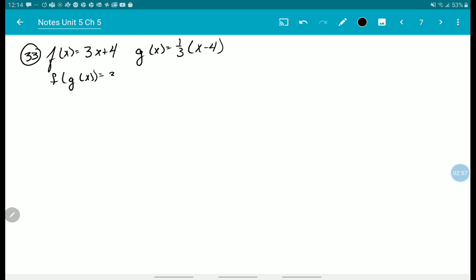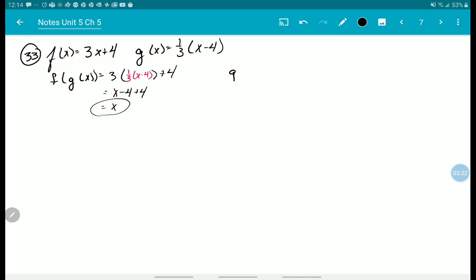If I take f of x, which is 3x plus 4, and I substitute in that g of x. Now let's work this out. We have 3 times 1/3, so those are going to cancel, and we have x minus 4 plus 4. Do you see how that one gives us x?